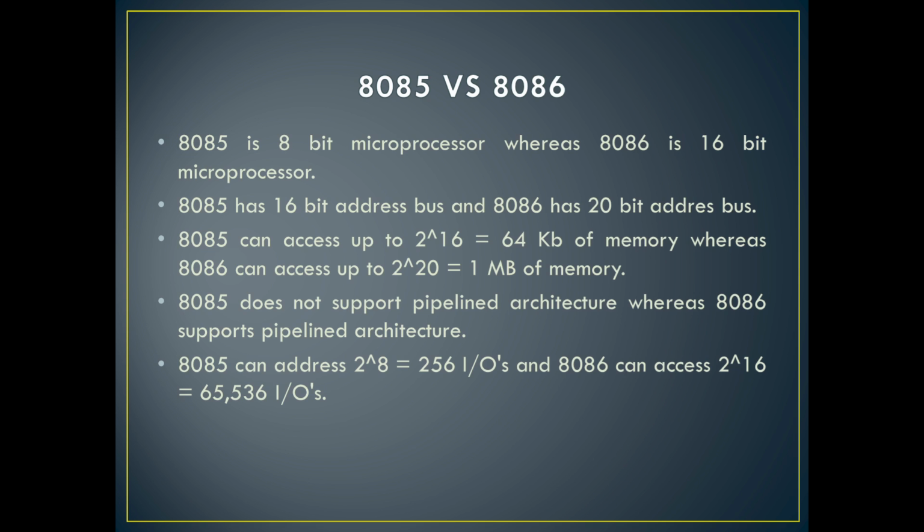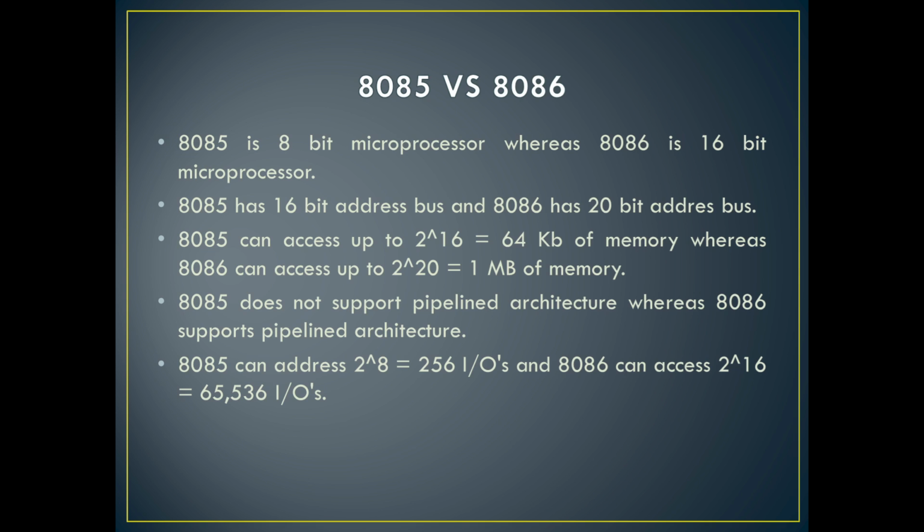Next, 8085 does not support any kind of pipeline structure. What is the meaning of pipeline structure? It means concurrent execution of instructions. Say I am executing instruction I1, and at the same time I want to execute instruction I2, and these two instructions do not have any dependency on each other. In that case I can execute them independently.